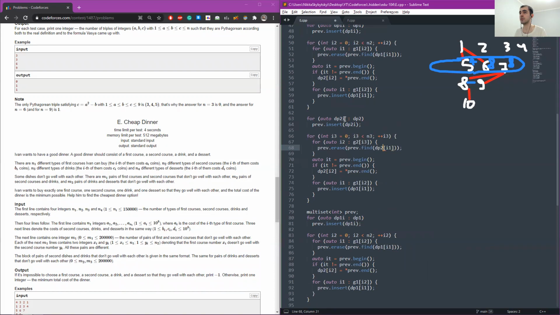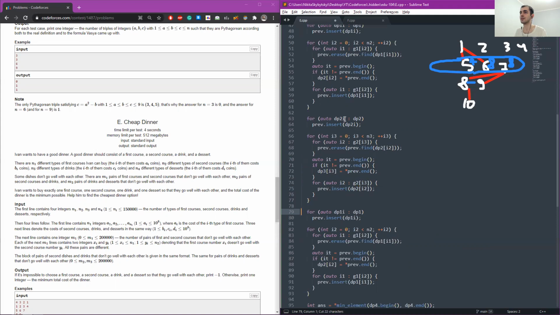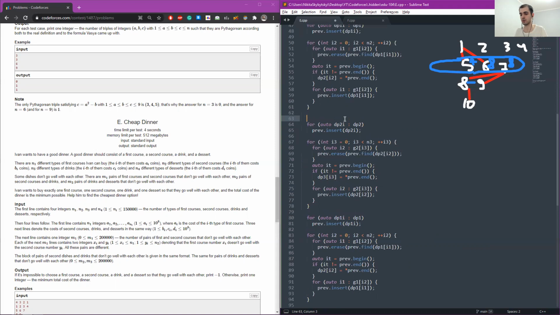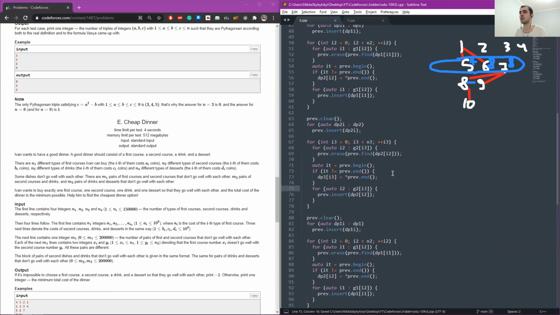At this point, we basically have to increment every stupid literal by one. Oh, actually, yeah, I'm starting to lose it. Now we want to increment by 2, right?